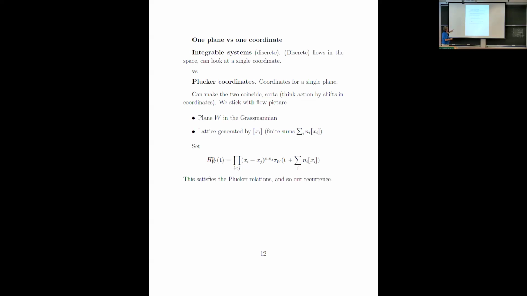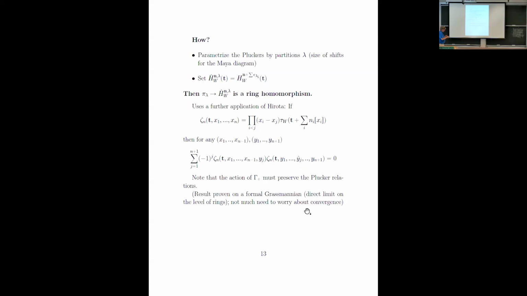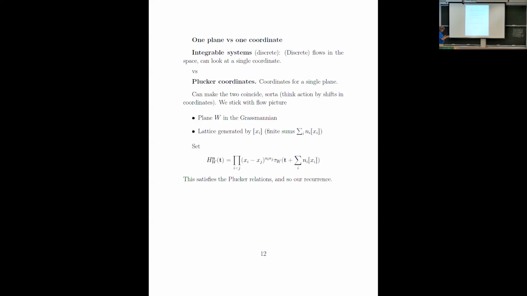So you're starting with a fixed plane in the Grassmannian. You're taking a lattice generated, again, by this funny symbol xi, you know, it was this infinite sum in the t coordinates, but you're just taking a finite number of them and you're taking their linear combinations, or z linear combinations.